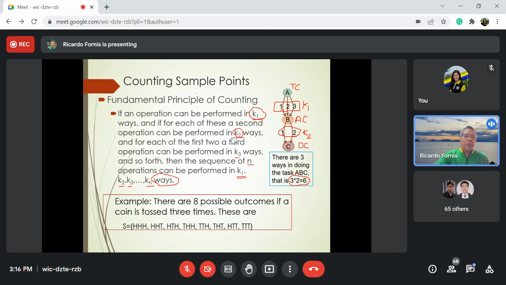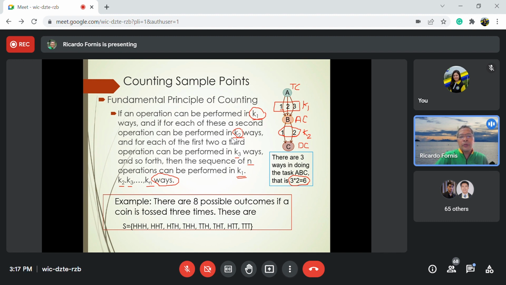Another example is if you are going to toss a coin 3 times. I repeat, in this particular subject matter, if you talk of an experiment, it could be any activity in which you can gather information or data.